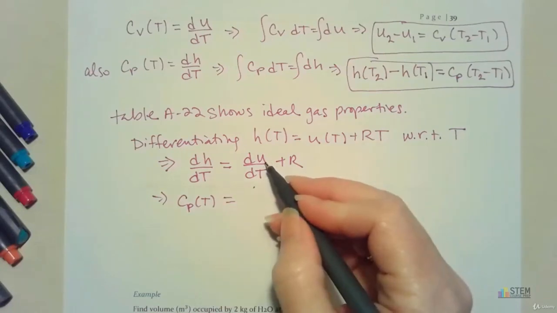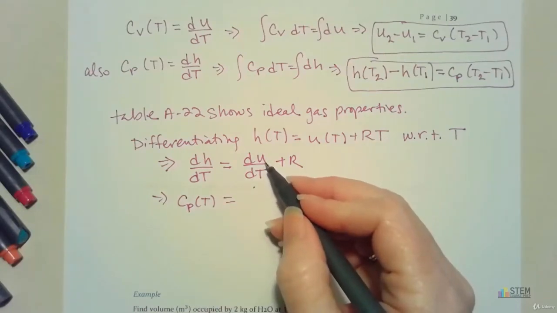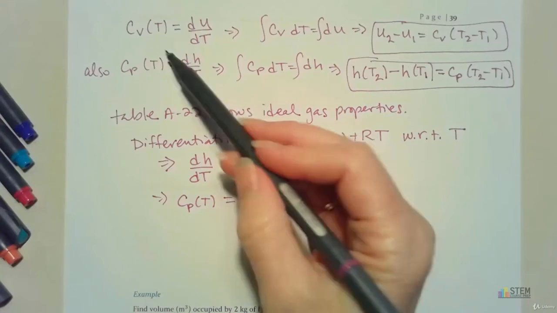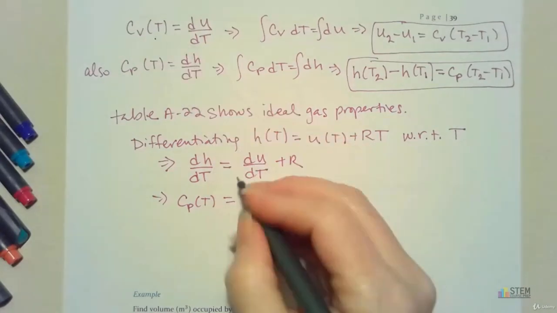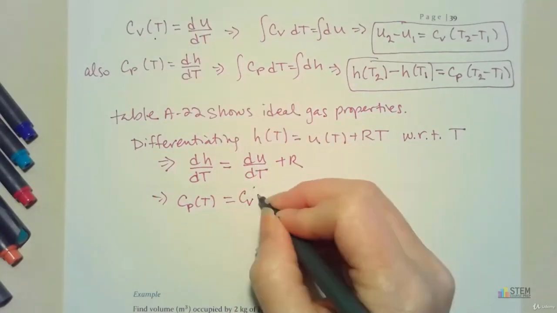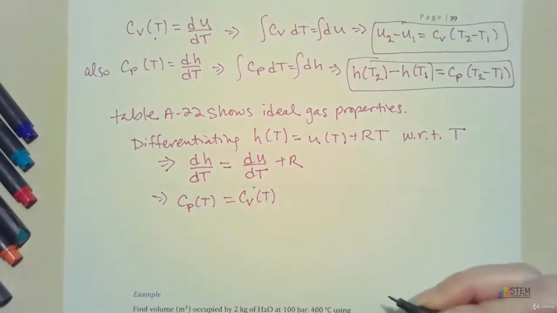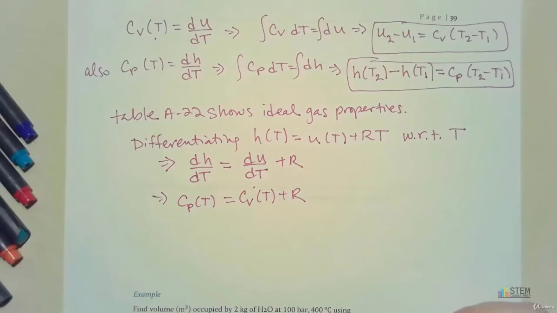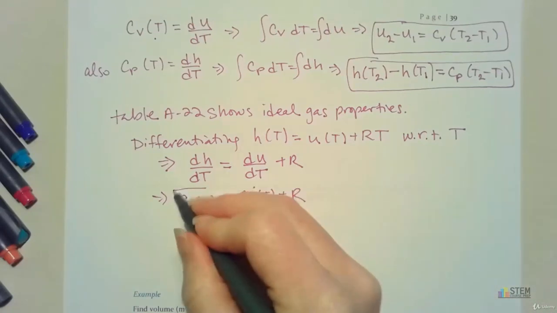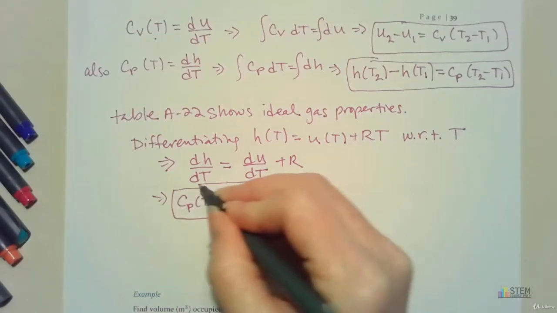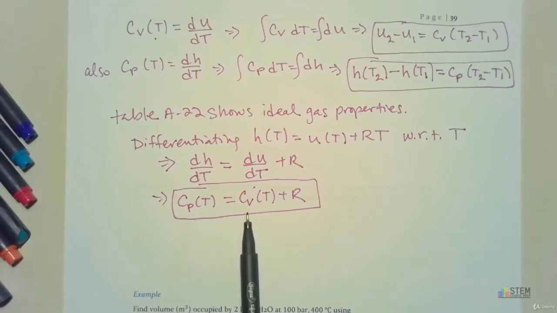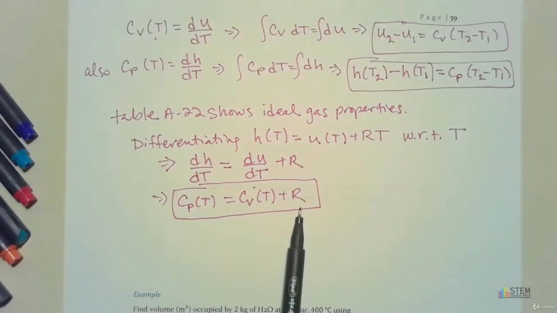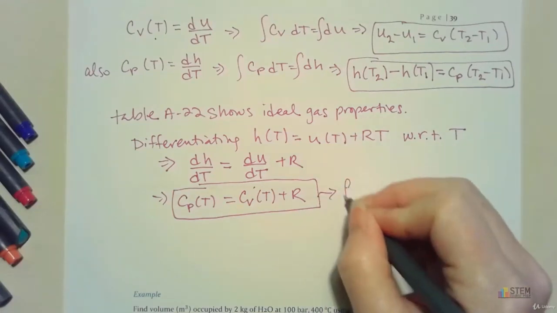And that's equal to du dT, which is equivalent to Cv, your specific heat at constant volume. So now we've got that, and then we've got R. This gives us a relationship between our two specific heat values. Really the only difference between the two is this gas constant, R.